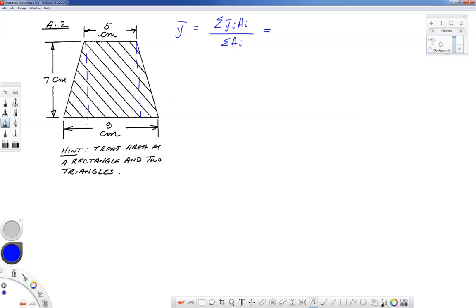Okay, so for my central rectangle, this part right here, I'm going to have the area of 5 by 7. And the y-bar location for that rectangle is going to be 3.5, using my base as my reference line.